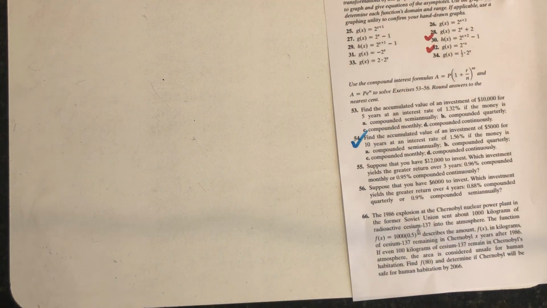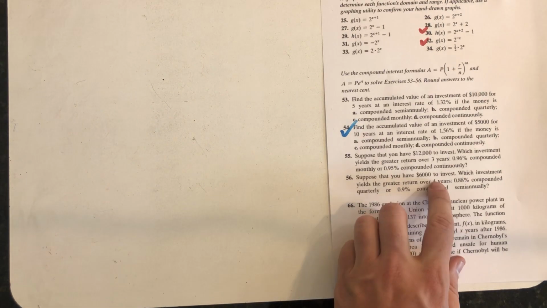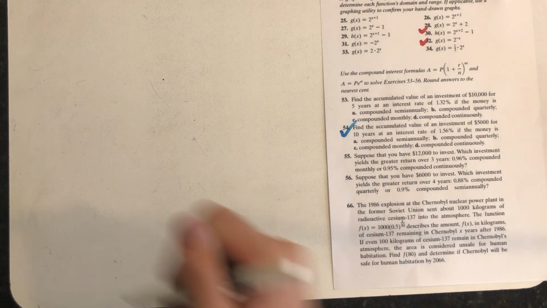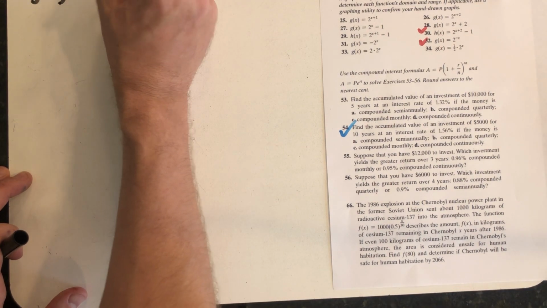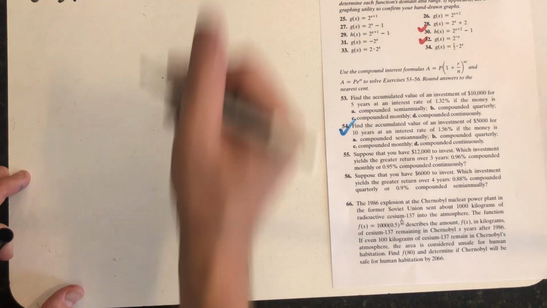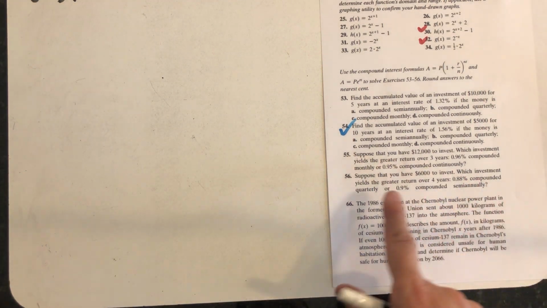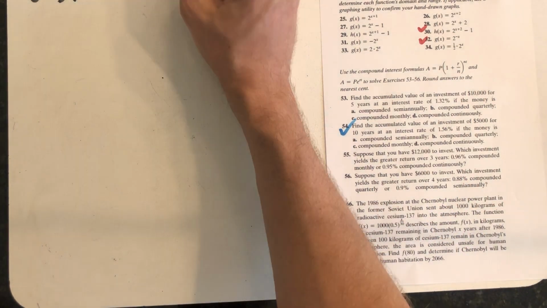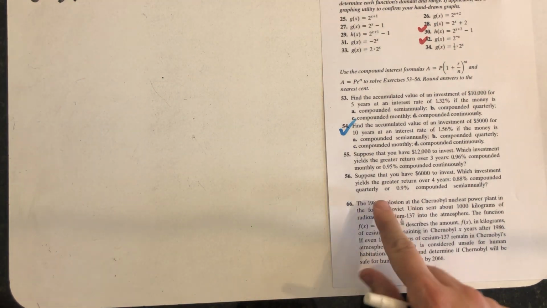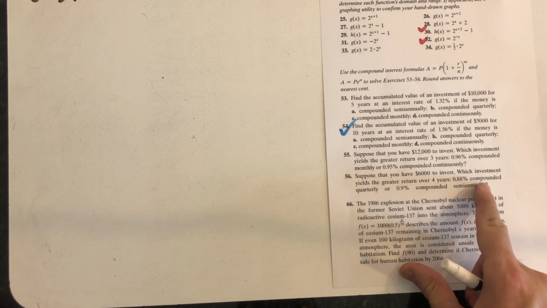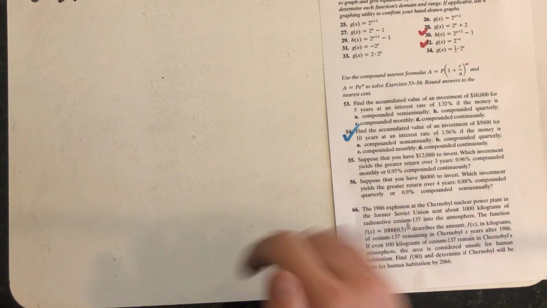Number 56 has us take a look at another interest situation. Suppose that you have $6,000 to invest. That is our principal. Which investment yields the greatest return over 4 years? So there's a value of T. 0.88% interest compounded quarterly.